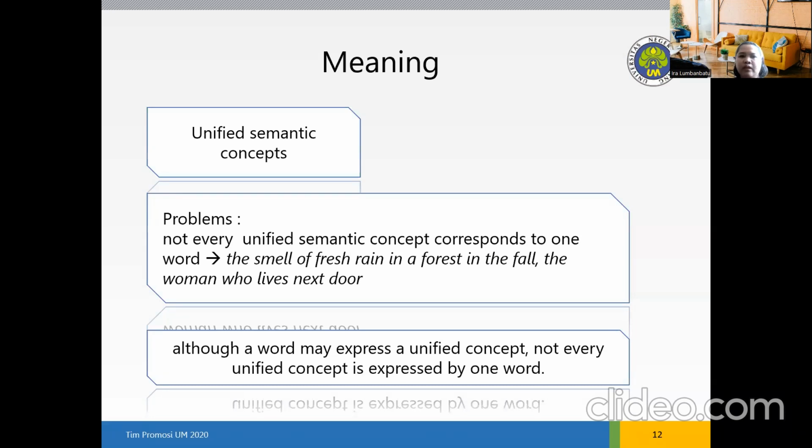Now we go to meaning. It's a unified semantic concept. It suggests that while a single word can convey a specific and unified idea, not every idea or concept can be adequately expressed using just one word.